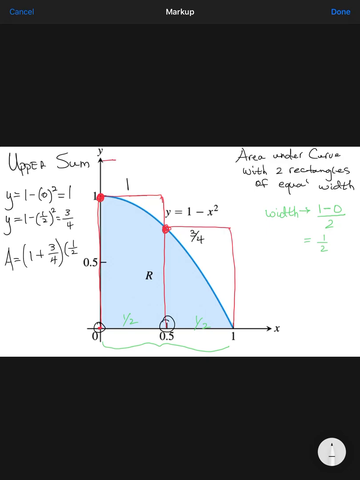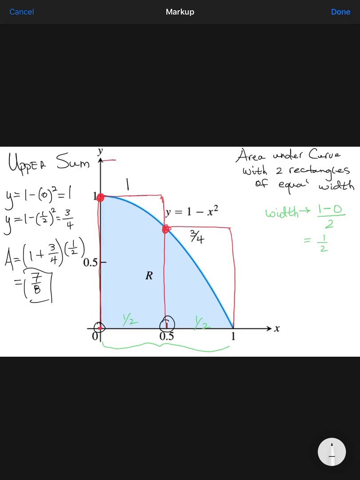And the width for both of them is 1/2. And that's it. You got your upper sum right there. So you have 7/4 times 1/2, 7/8. Booyah. That's the upper sum.